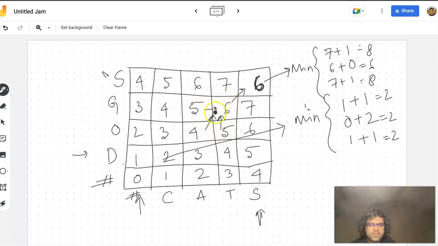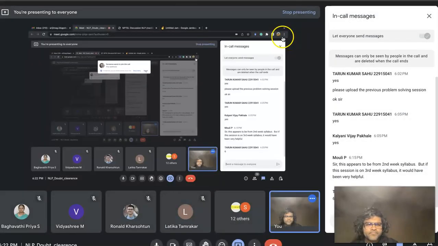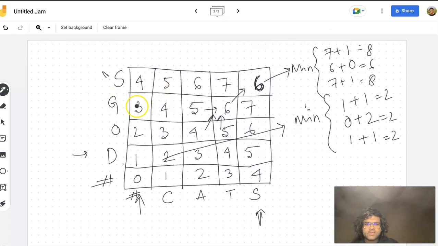So if there is this kind of ambiguity, this kind of multiple possibility can happen, then we will always go for maybe this diagonal one. So you can decide all these things, and if we backtrack this thing, we will get the value.